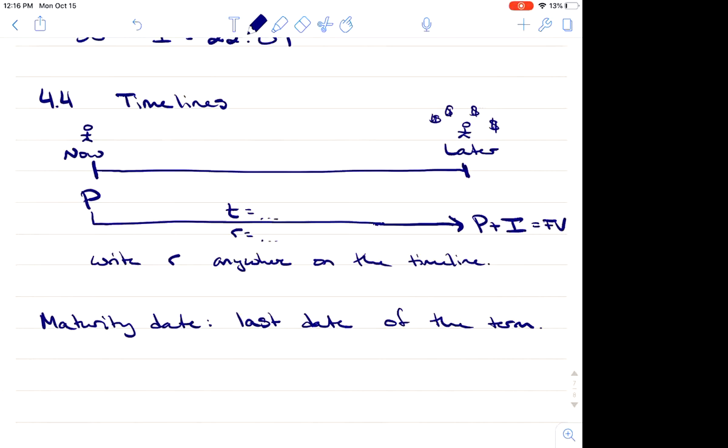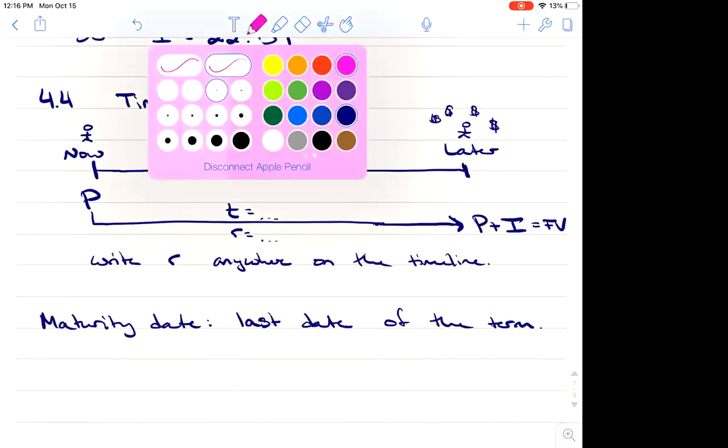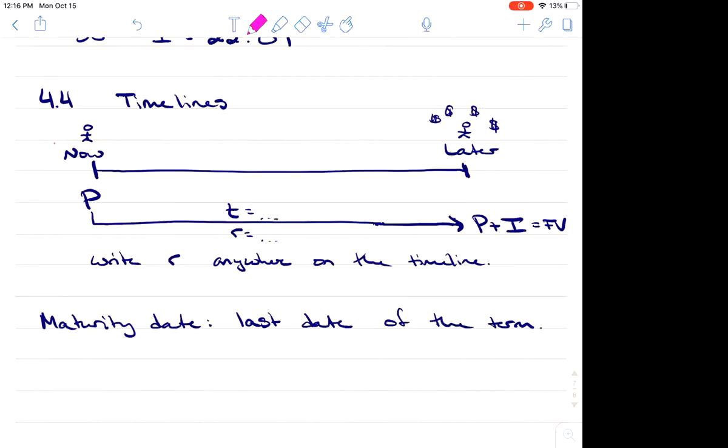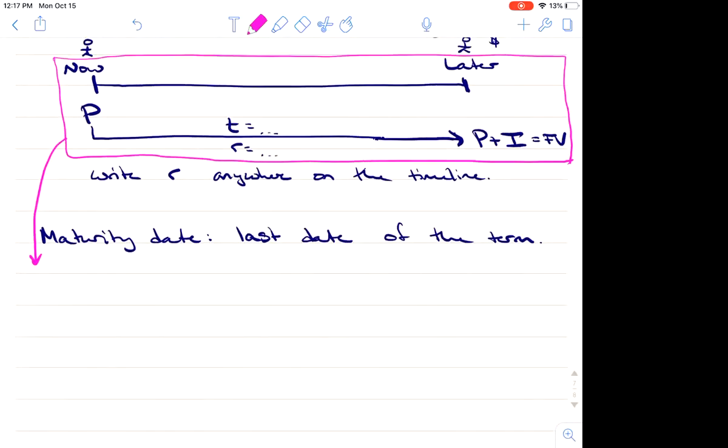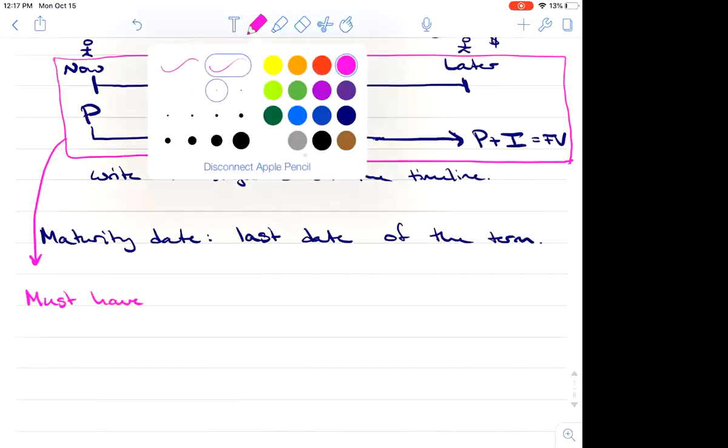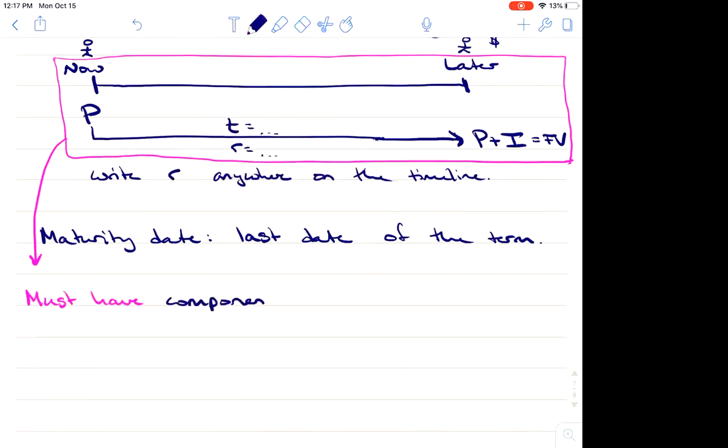I'll define that later, but I do want to highlight this here to show the bare bones, the must-have components of a proper timeline. That's important.